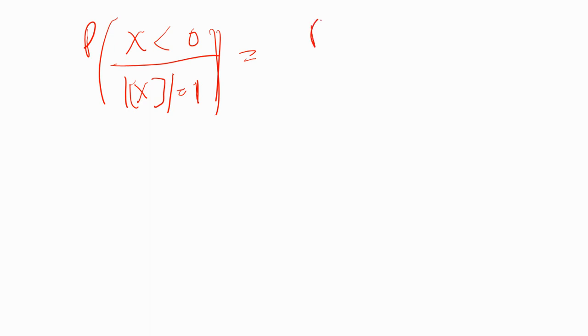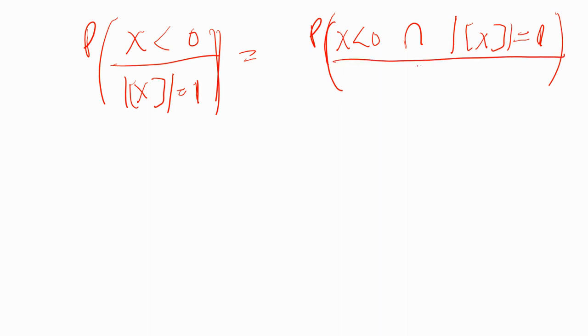So probability that x is less than 0 given greatest integer x is equal to 1 will be equal to probability that x is less than 0 intersection this, divided by probability of this being equal to 1. Okay.